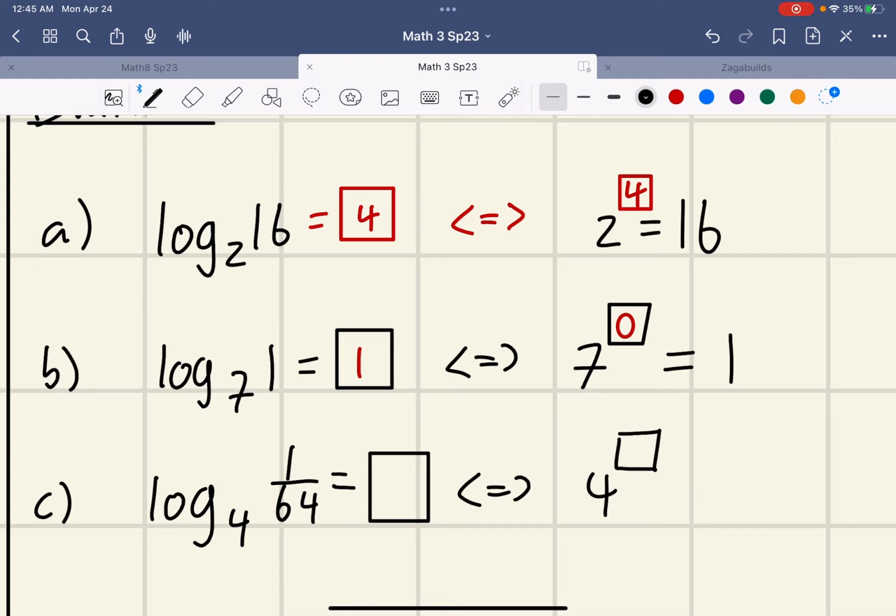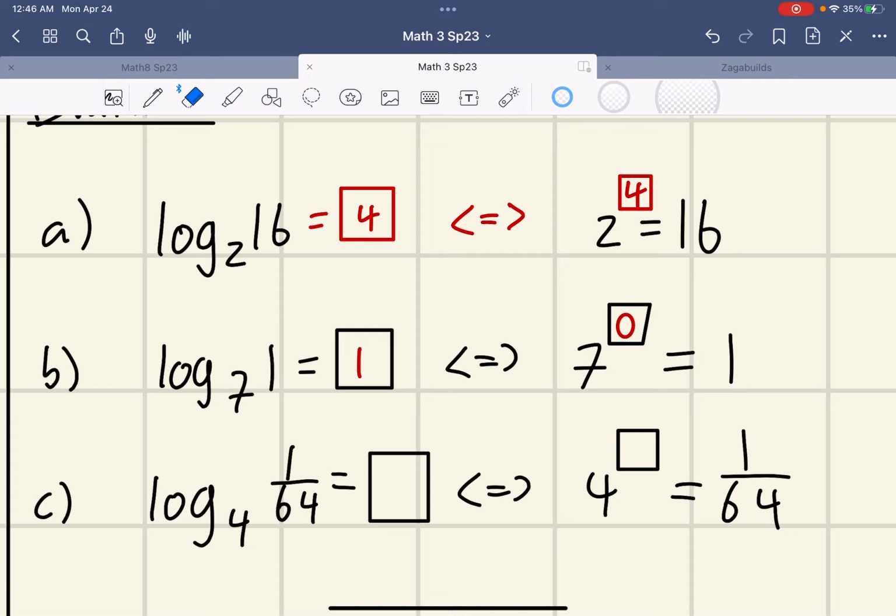I need to find my power that's going to give me 1 over 64. Now this is the part that gets tricky because normally exponents make numbers larger. 0 is the only one that makes everything 1, so it might be making most numbers smaller. But to convert a 4 into some decimal or some fraction, that's a little bit more challenging.